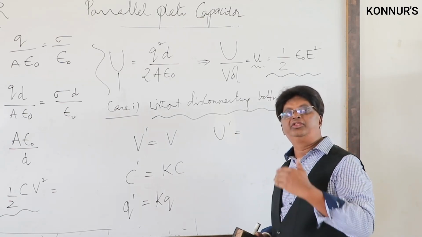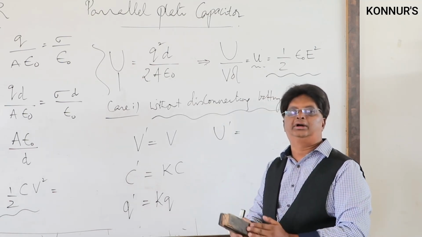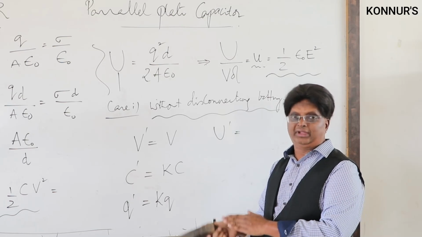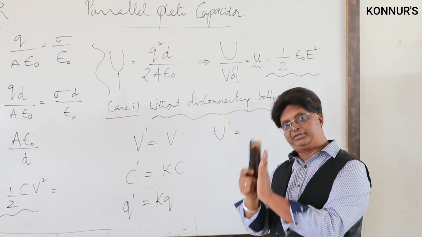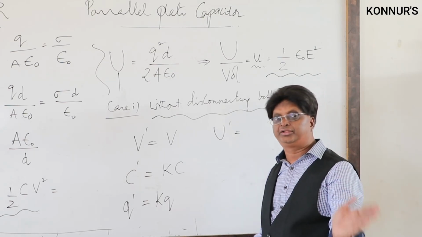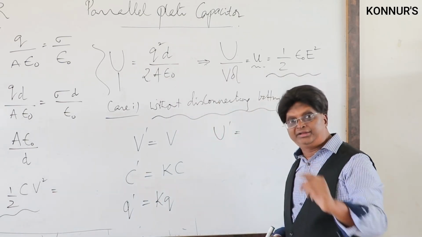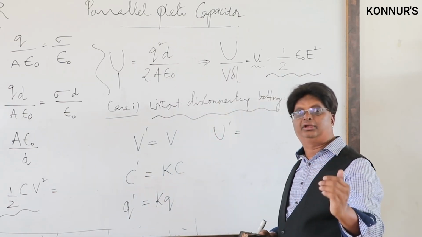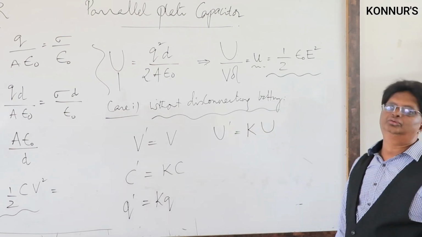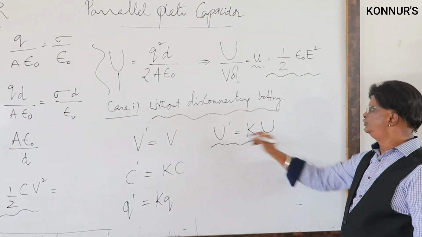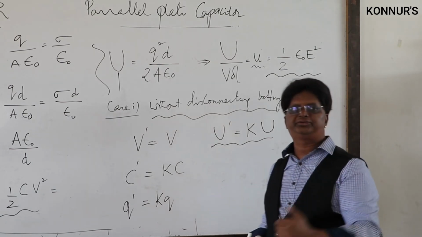Earlier we have told that in the process of charging, work is done by the battery and that is stored as energy. Now in this case, since additional charge flows from the battery to the capacitor after the dielectric is filled, additional work is done, and hence energy on the capacitor increases. U dash becomes KU. Why U dash is equal to KU? Because again additional charge flows from battery to capacitor.